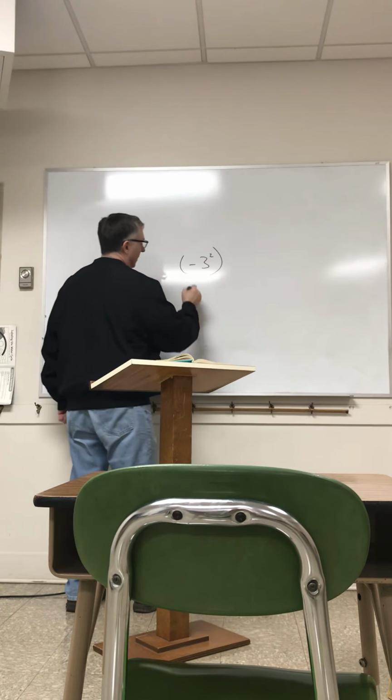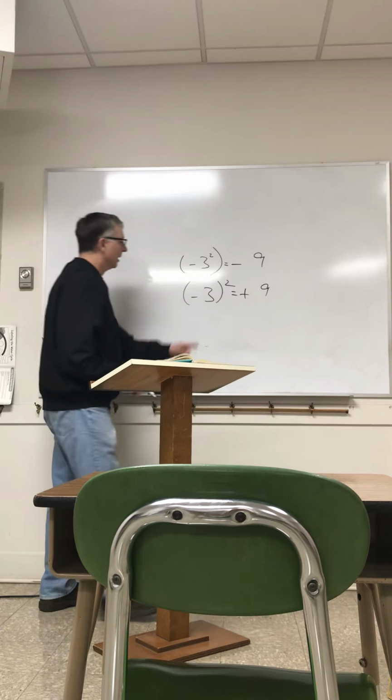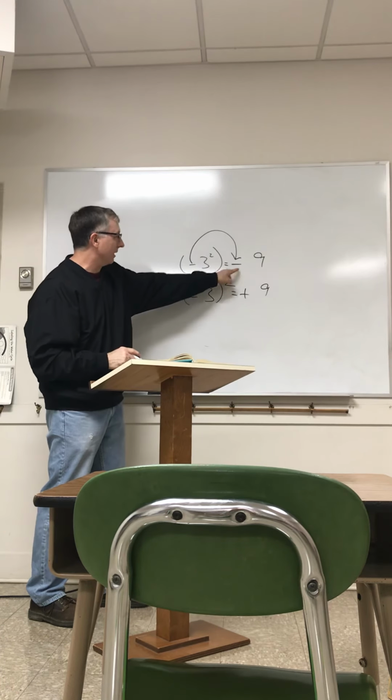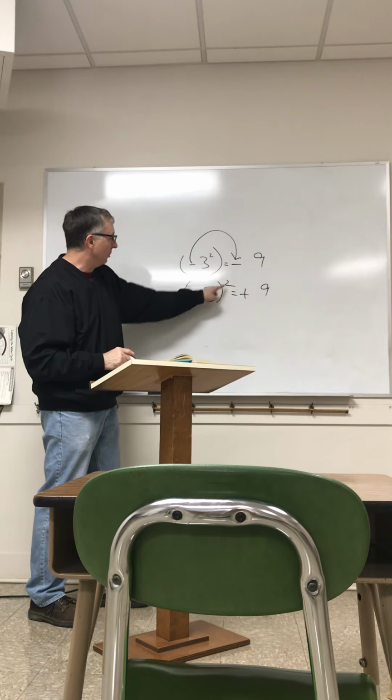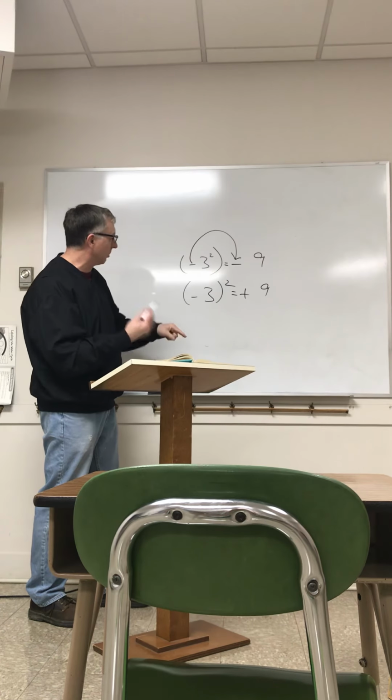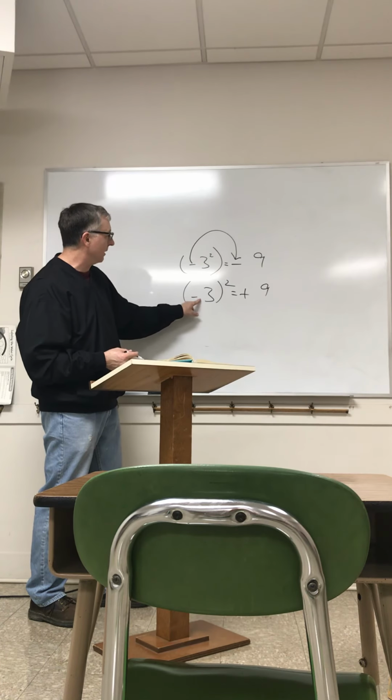That there is a -9. This is a +9. Because the 2 inside here is not outside the parentheses, the 2 only pertains to that 3, and so the negative sign moves back here, just as I had explained earlier, and then 3 squared is 9, but the negative sign stays. And then the 2 outside the parentheses means that everything in parentheses is multiplied by itself, so -3 times a -3 is a +9.